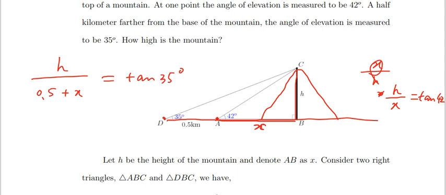So here we have two equations. One is this, and the other one is h over x equals tangent 42 degrees.